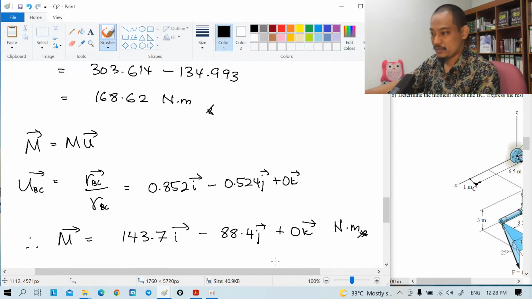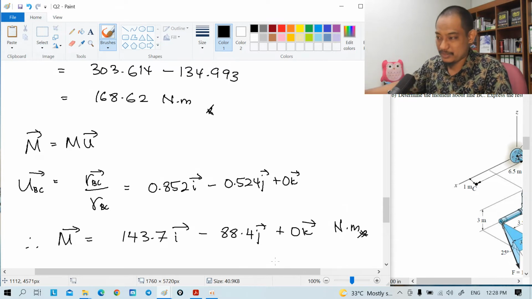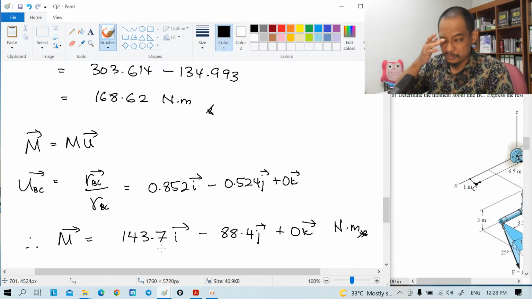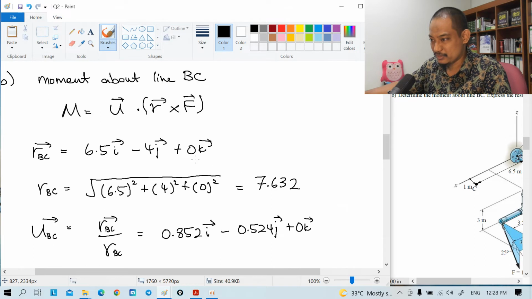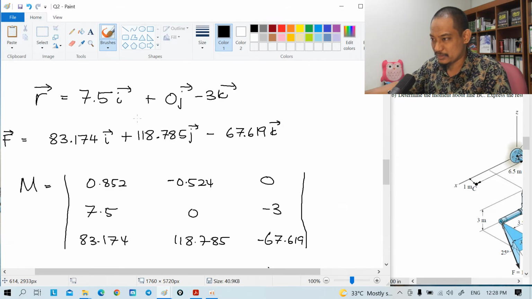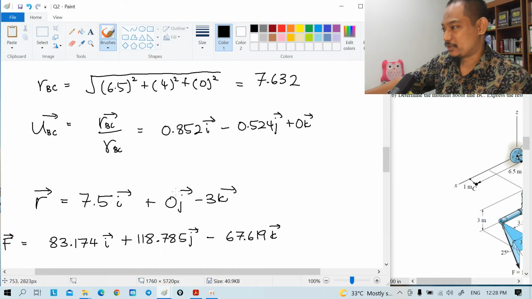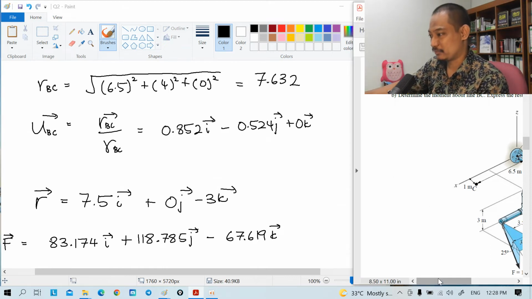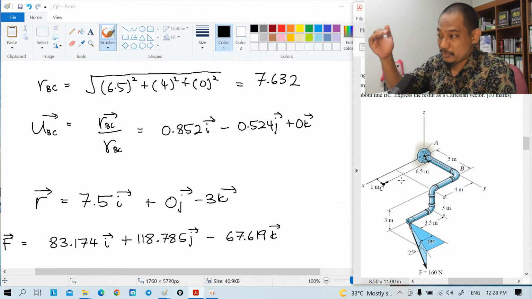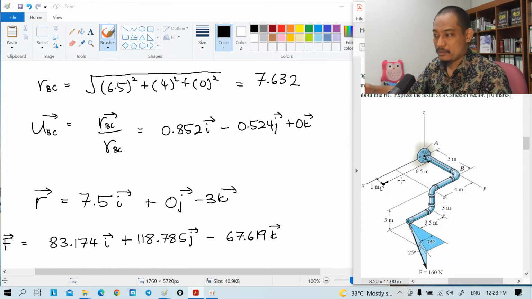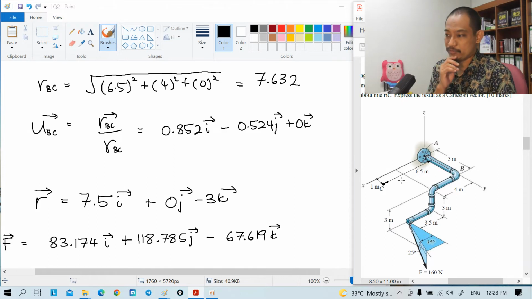Yep. So it is possible, even though I make a mistake and I realize it after that, to make the correction. I think, where did I make the mistake? This R, right? No, this R. So make sure you double check, because sometimes we make mistakes, just like I did, I got a bit confused between X and Y. So that's why I have developed a habit of always check, double check, triple check, because we still have time.